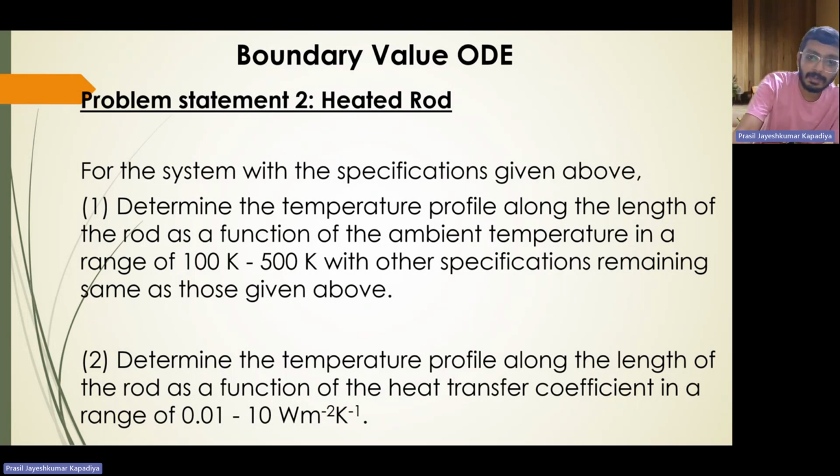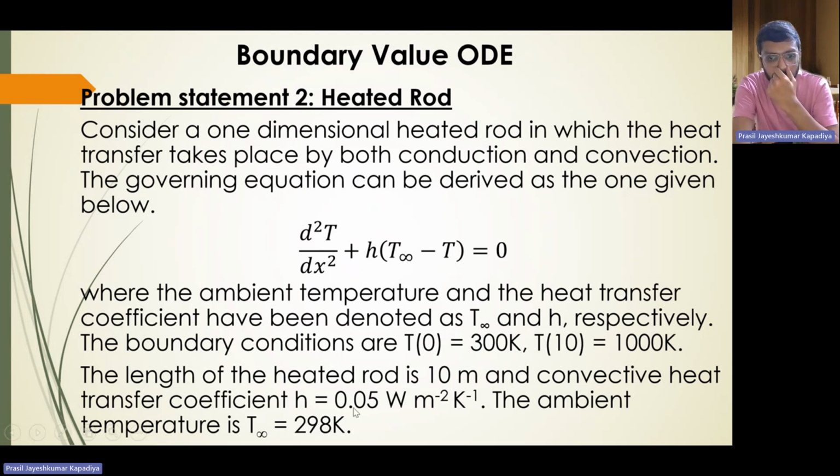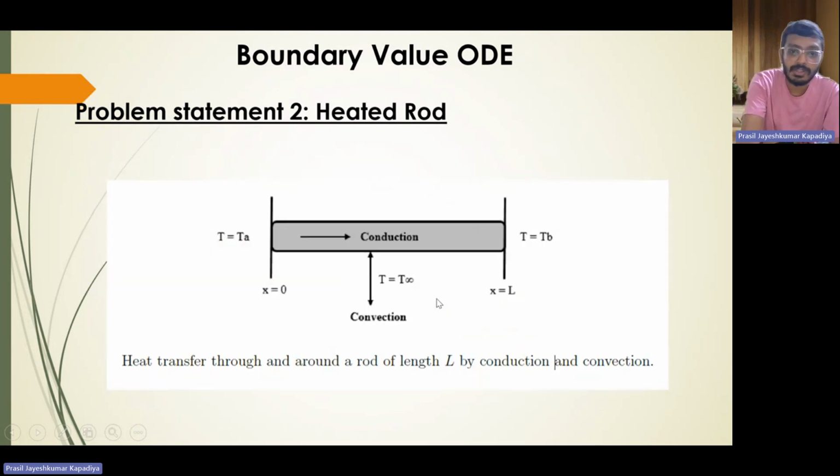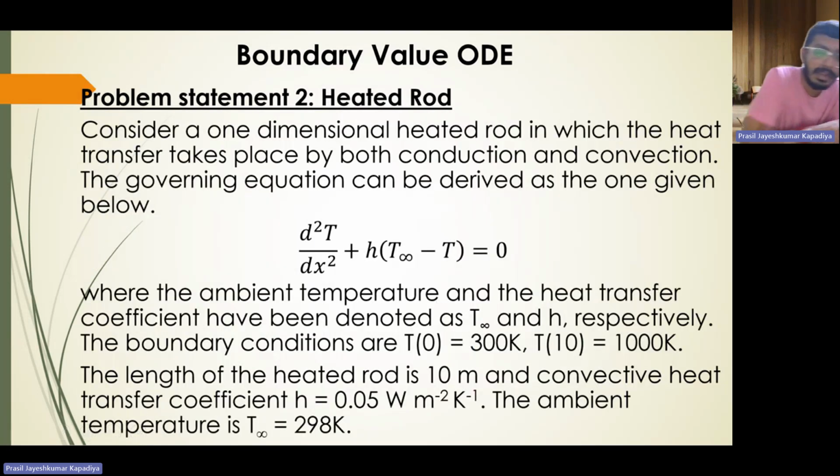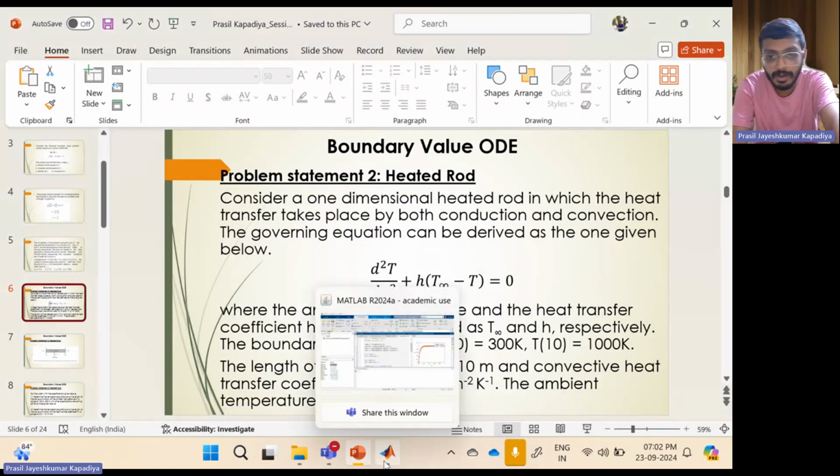So we need to find the temperature profile where we are given h is equal to 0.05, and we are told to vary T infinity from 100 to 500 Kelvin. So let's first write down a simple code and try to solve it with T infinity equal to 298 Kelvin. Let's see what we are getting.